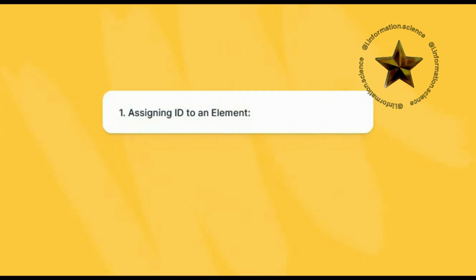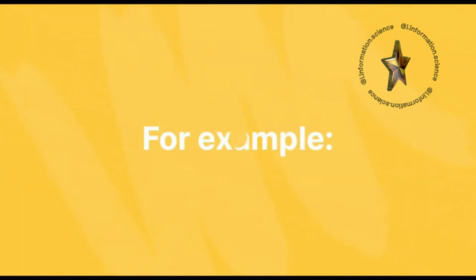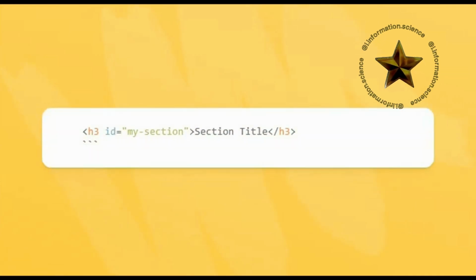1. Assigning an ID to an element. Use the ID attribute within an HTML element to assign a unique identifier. For example, <h3 id="my-section">Title</h3>. 2.